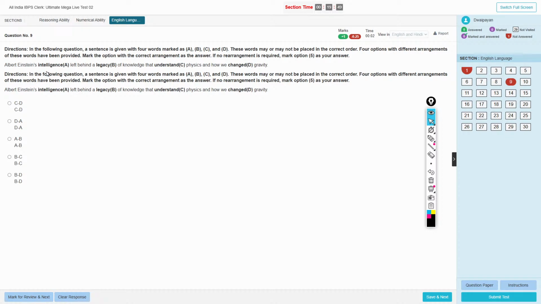Then Albert Einstein's intelligence left behind a legacy of knowledge that challenged the way we understand. So C and D. Modern brides have turned to artificial flowers for their bouquet because they are much cheaper and always.